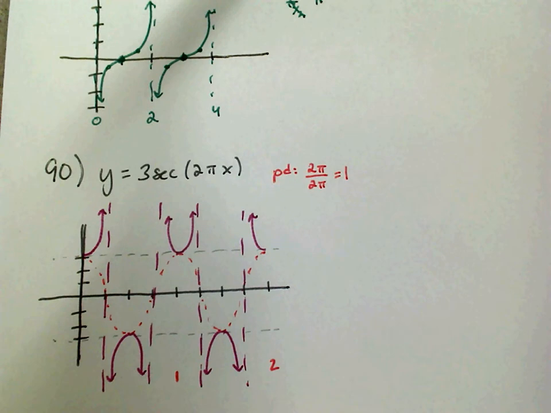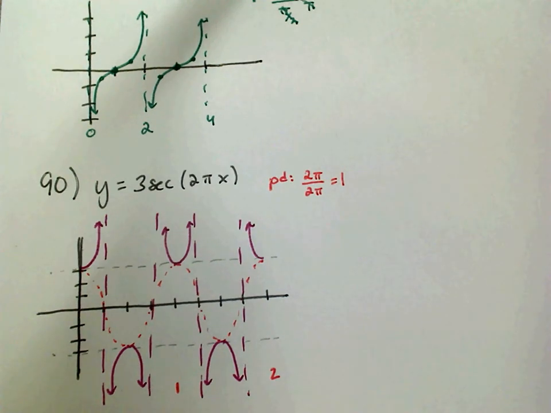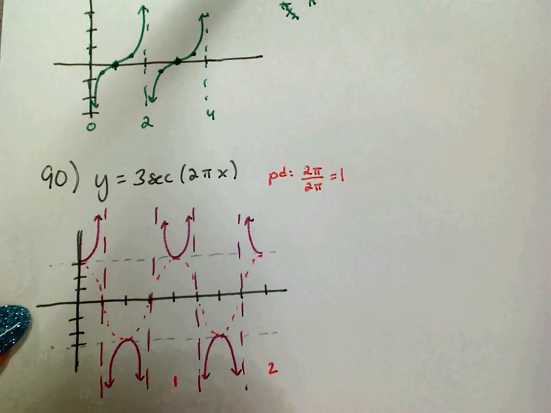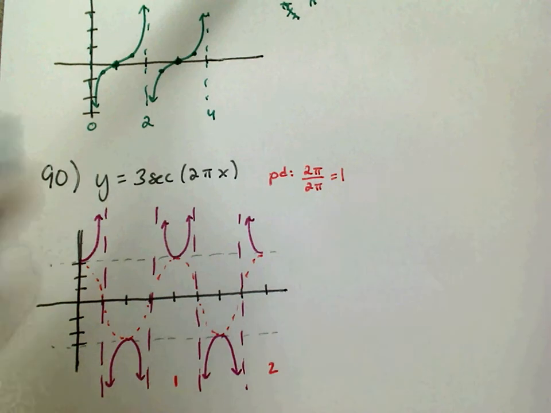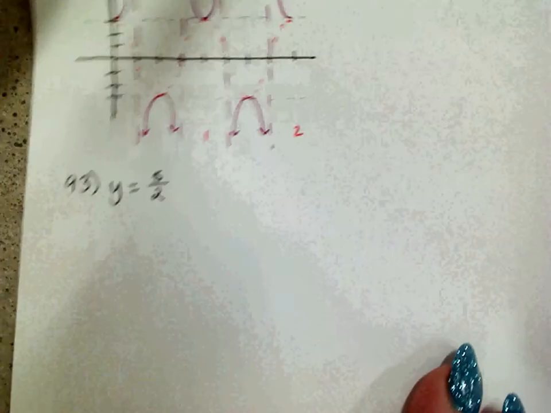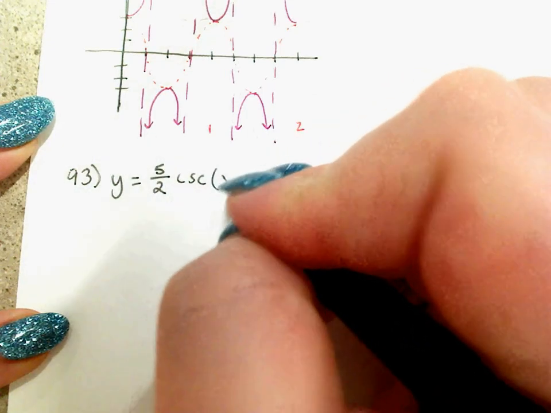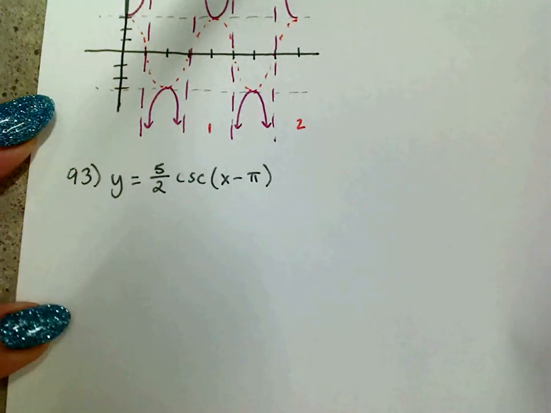Alright, number 93. 93, y equals 5/2 cosecant of x minus pi. Alright.